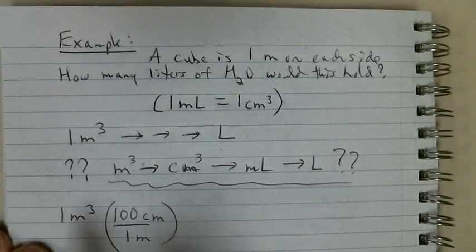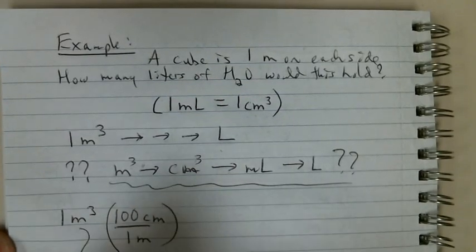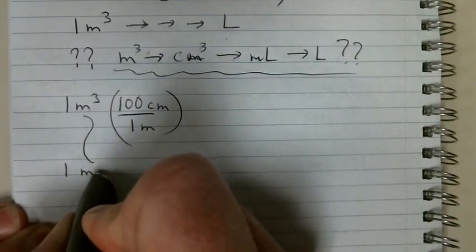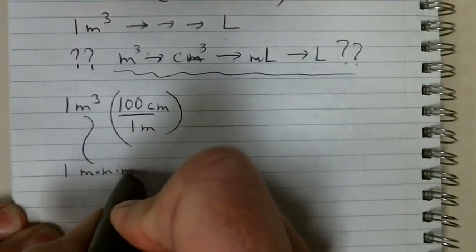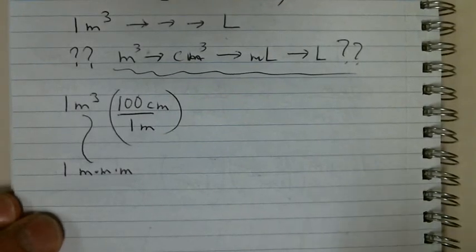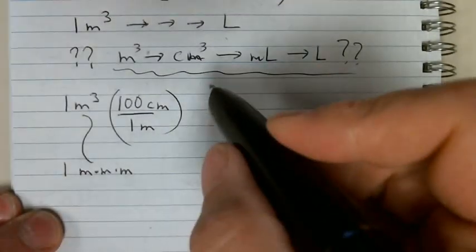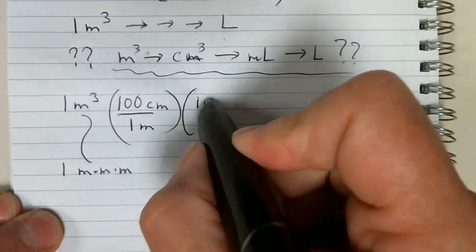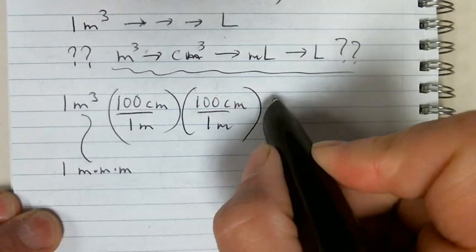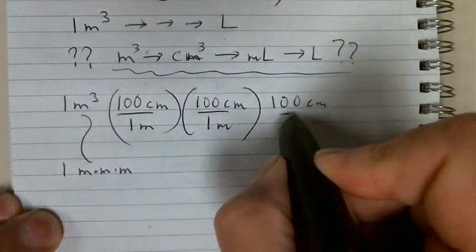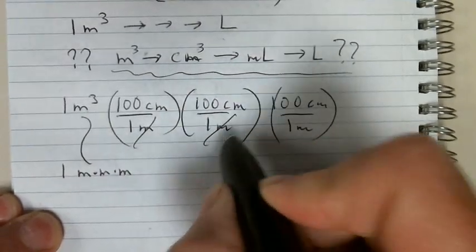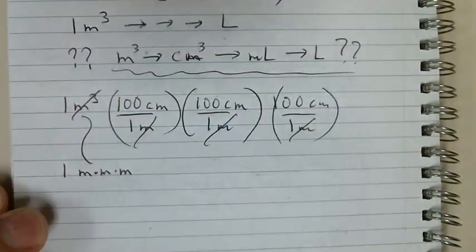But remember, meters cubed is actually meter times meter times meter. And so really to do this, we would have to do this 3 times, right? Because you're canceling out meters, 1, 2, 3, 1, 2, 3.